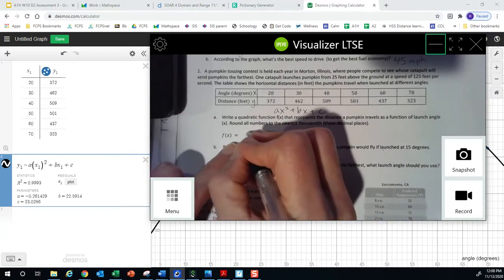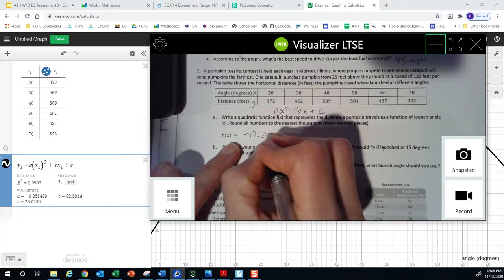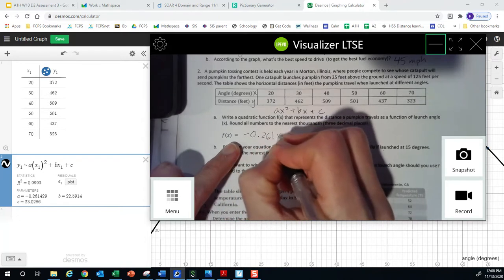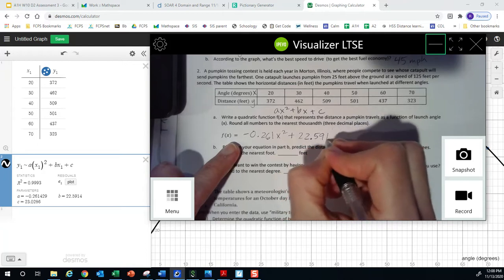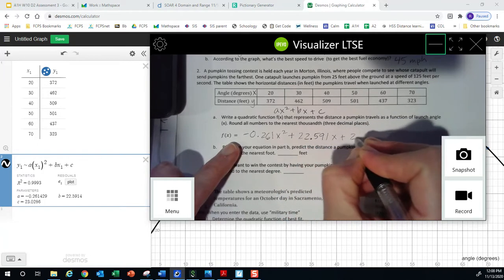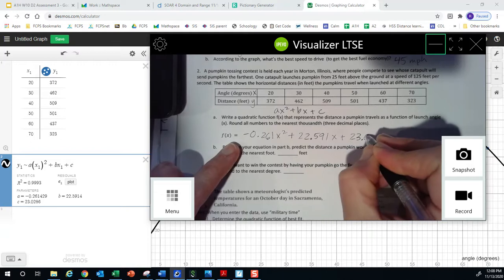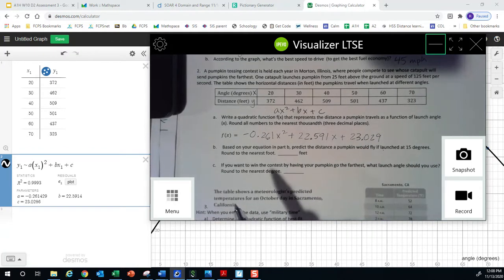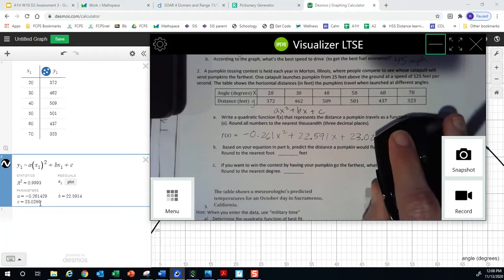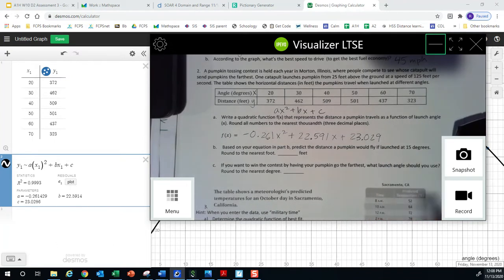I'm going to use negative 0.261 x squared, and I'm rounding to 3 decimal places, the nearest thousandths place. I just took a, b, and c from the parameters. Notice that the r squared value is really close to 1 again, so it's a very good r squared value.